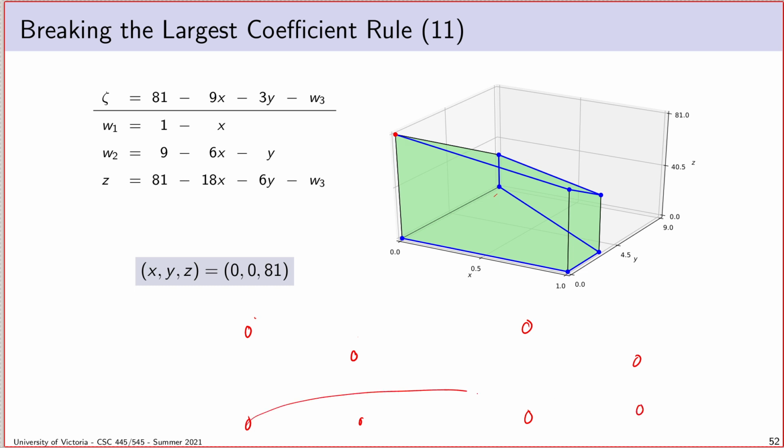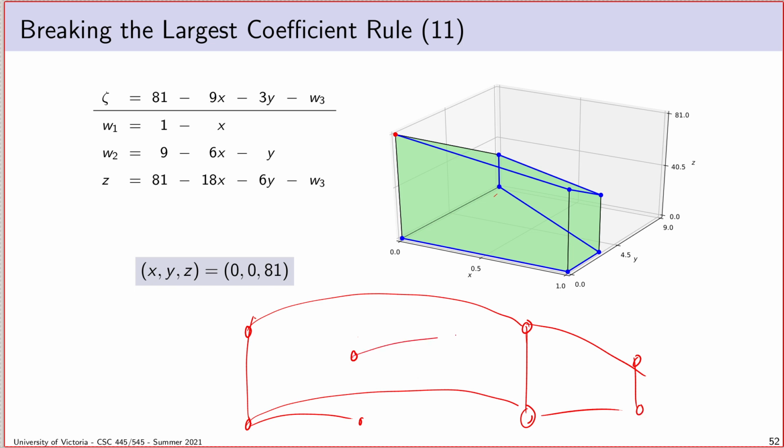So this vertex is connected to this. It's connected to this. And it's connected to this. This vertex here is connected to this, and this is like this, and then we've got this. So we end up basically constructing a planar, or whether it's planar or not is irrelevant, representation of this cube.